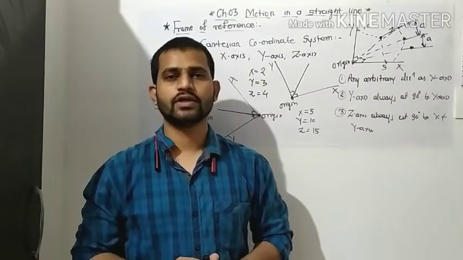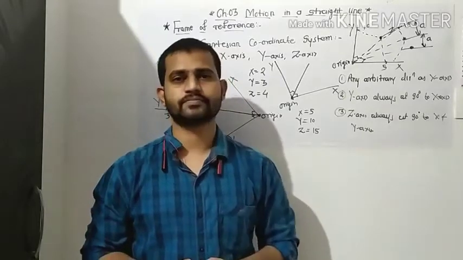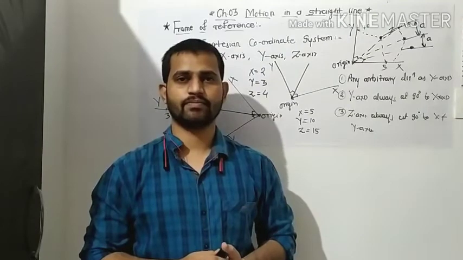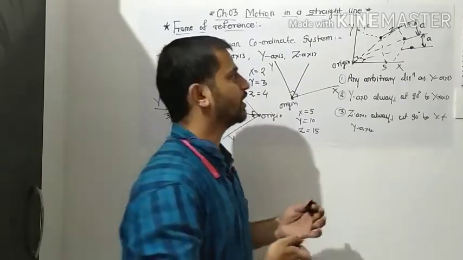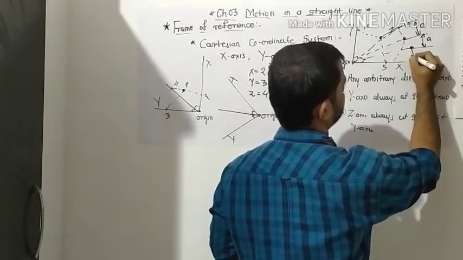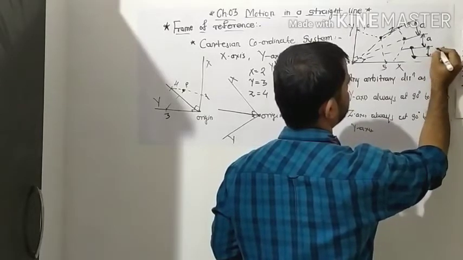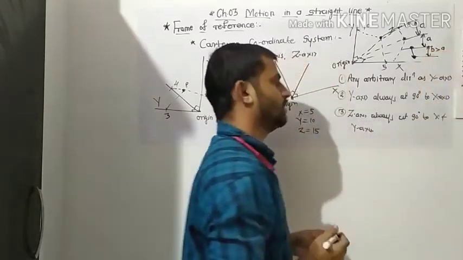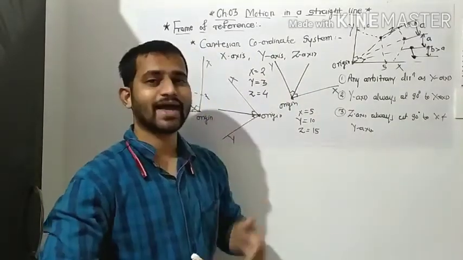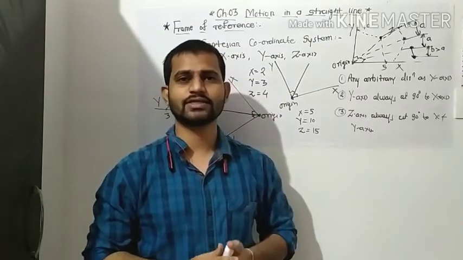But if after the 5 seconds we count the distance covered by that point, and it is greater than A, suppose it is B, then we can say that the point is in acceleration.